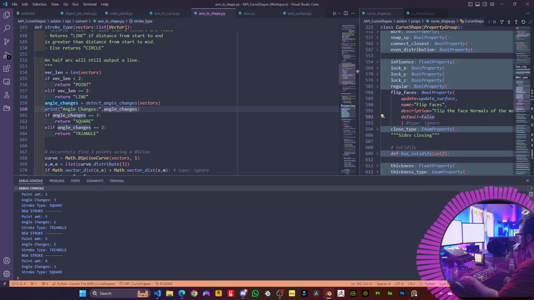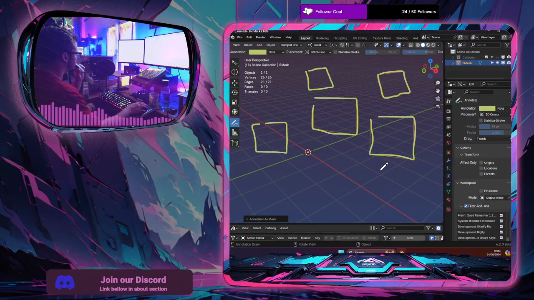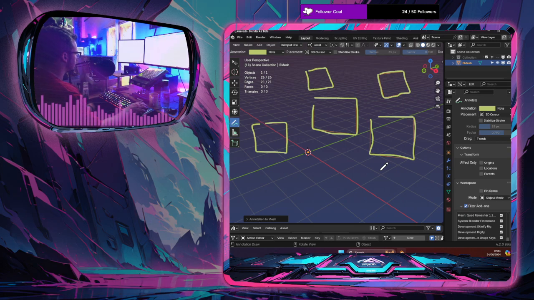Two a triangle. So it's two angle changes above, under 100 degrees.